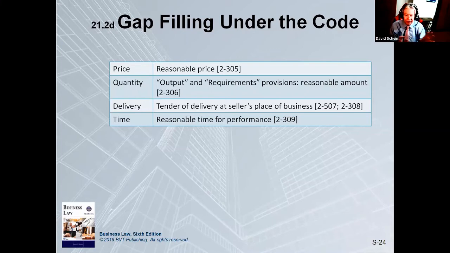Gap filling is not available under a common law contract, but under the UCC the courts can write in a reasonable price. They can write in a reasonable quantity. Delivery is assumed to be at the seller's place of business, and a reasonable time for performance. So that's the gap filling. That's what we've got at this point.